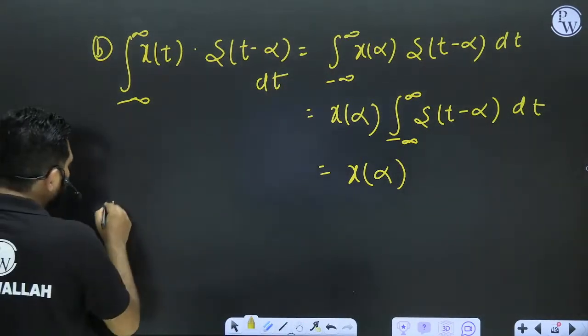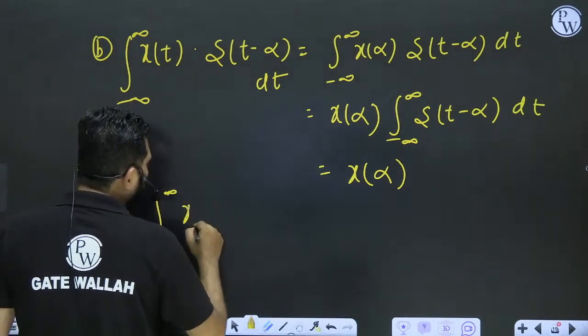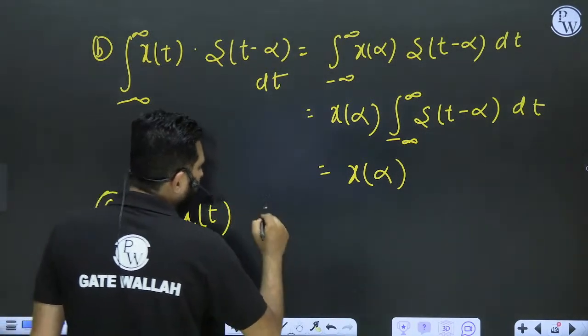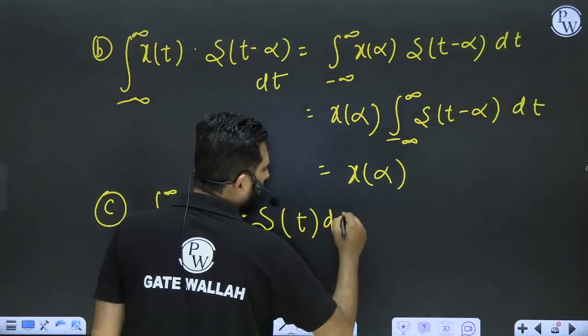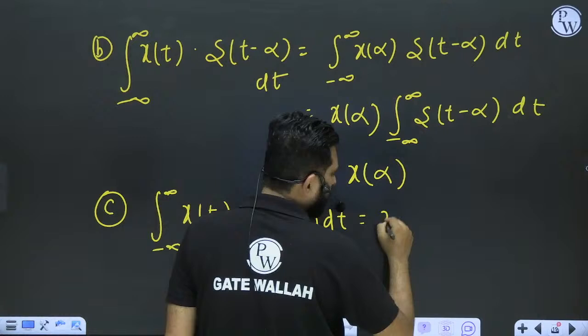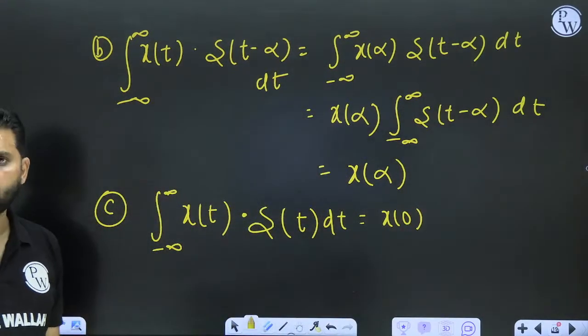And if C is the same property, x of t multiplied with delta t dt, what is the result? It is x of 0.